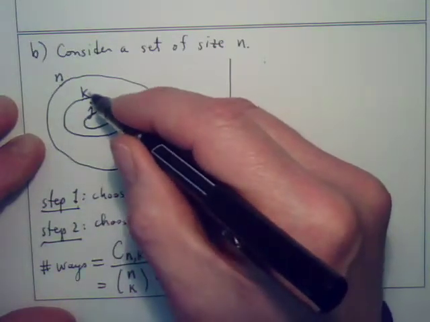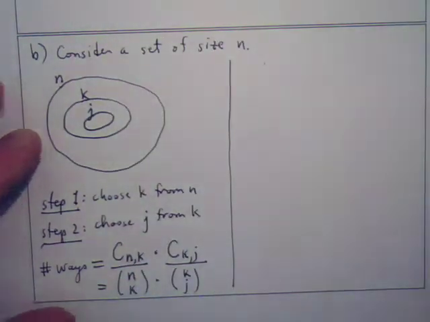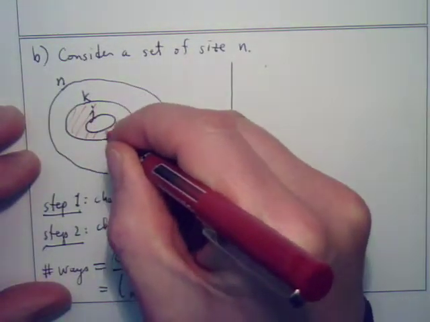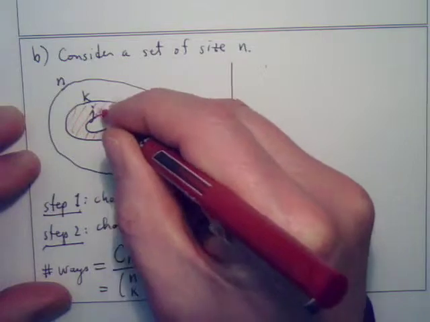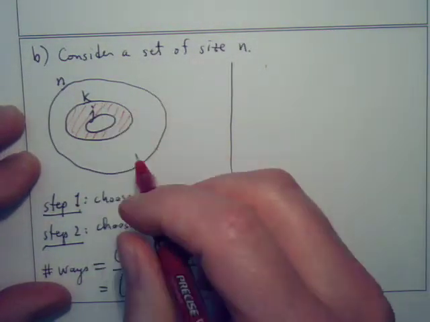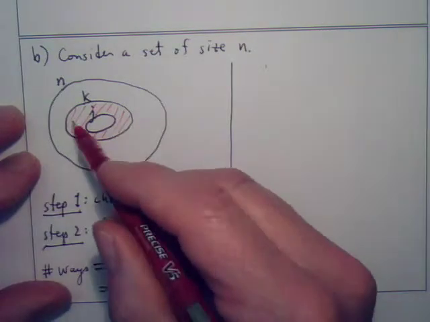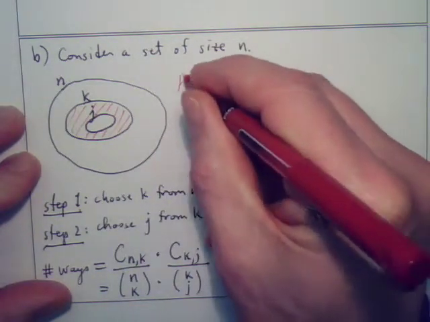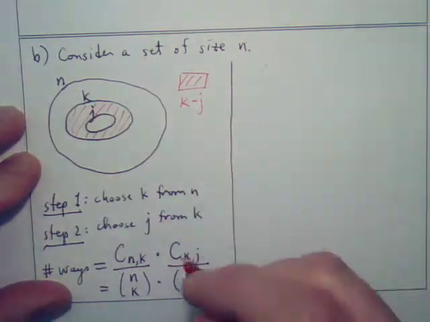How many are there outside here? So I'm going to first choose the j elements on the inside, and then how many do I have to choose out here? k minus j of them. So the shaded area has k minus j elements in it.